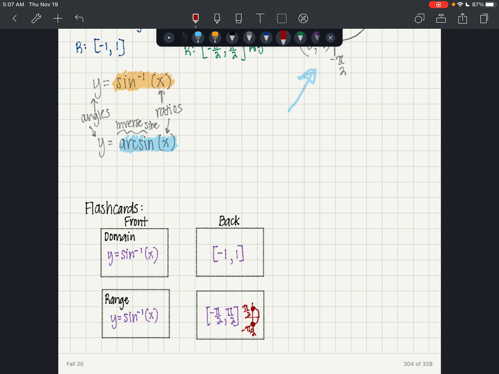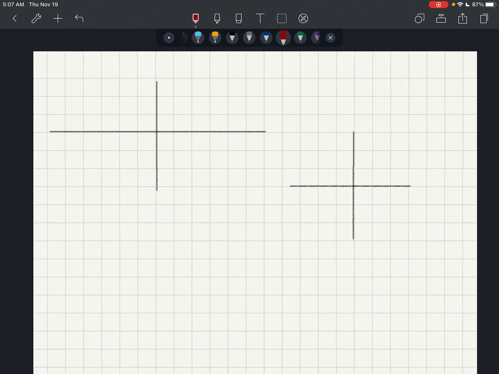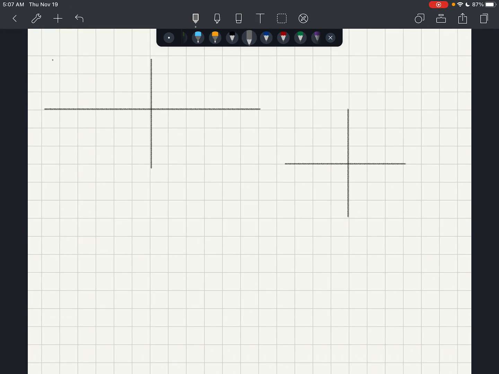Okay, let's quickly do the tangent function as well. So y equals tangent of x. We're going to call that negative pi over 2. Make that a little darker. Negative pi over 2. And then this will be positive pi over 2.